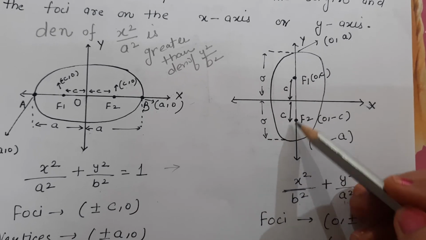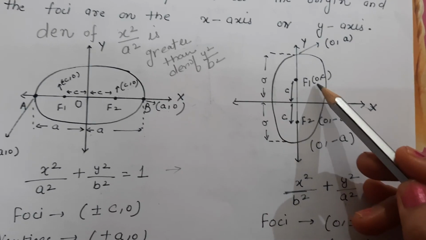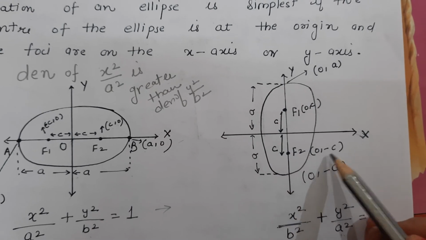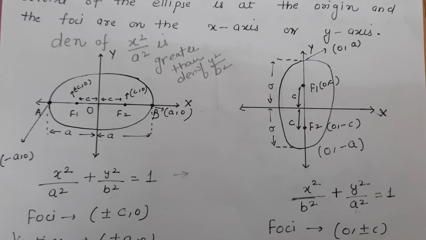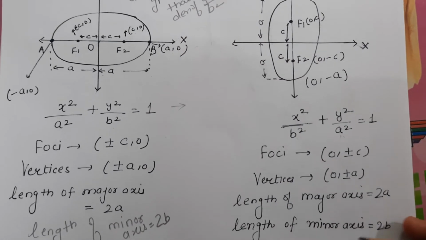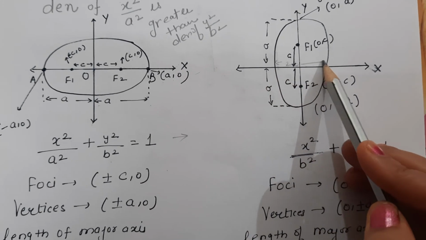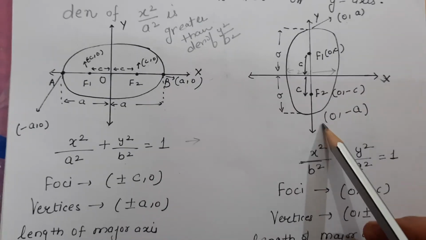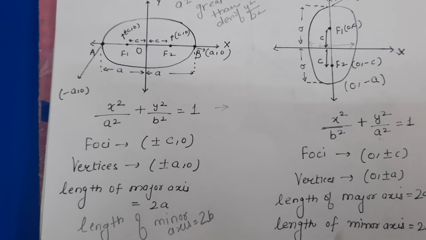We know that the distance between two foci is always 2c. So the coordinates here are 0, c and 0, minus c. The vertices are the end points of the major axis. The length of the major axis is again 2a and the length of the minor axis is again 2b. This is the coordinate 0, a and this is 0, minus a. So vertices are 0, plus minus a.